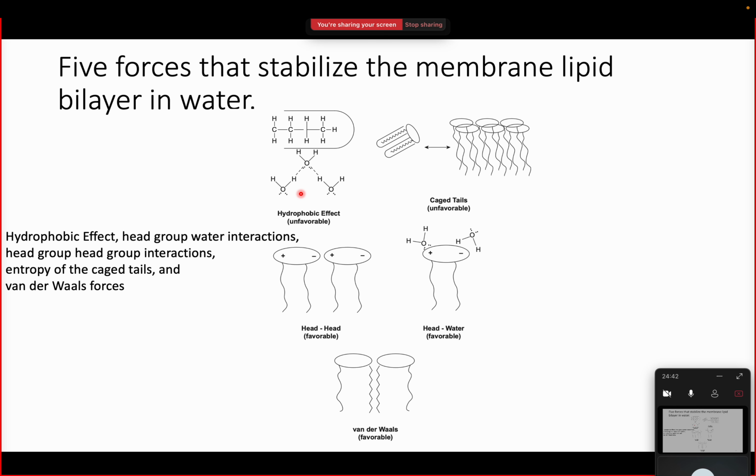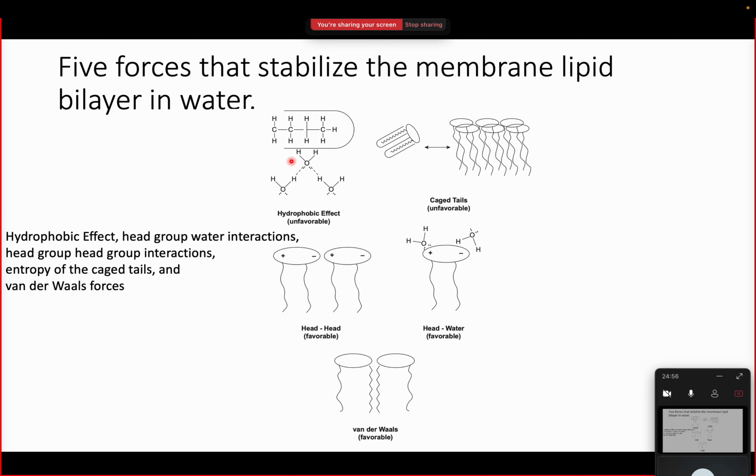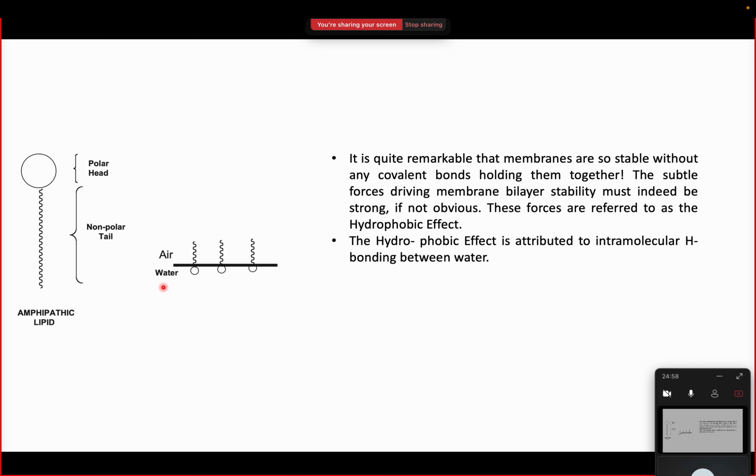So the hydrophobic effect, why is it saying it is unfavorable? Because if acyl chains or the hydrocarbon chains are present in water, it's not a favorable orientation, right? Remember this orientation of an amphipathic molecule. What this interaction is saying is that this acyl chain is present in water here.